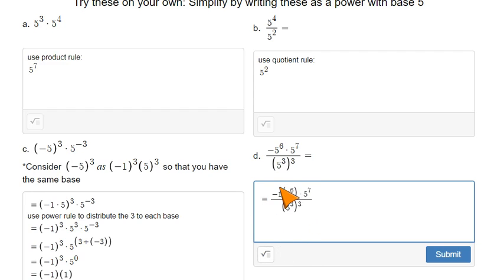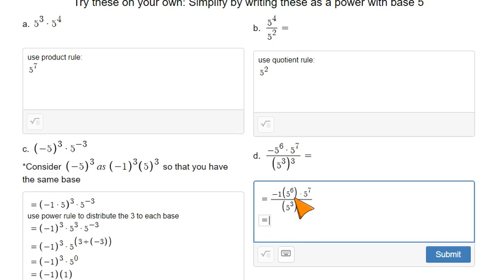So now that I've written it slightly differently, I see that I've got 3 powers with the base 5 that I can combine all together. Now remember, if we're solving a question that has a fraction, we need to solve the numerator as far as we can and the denominator as far as we can before we combine the two.